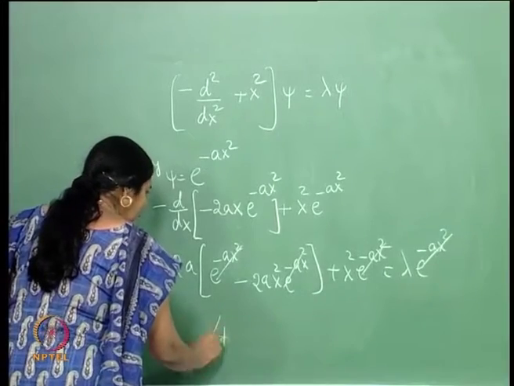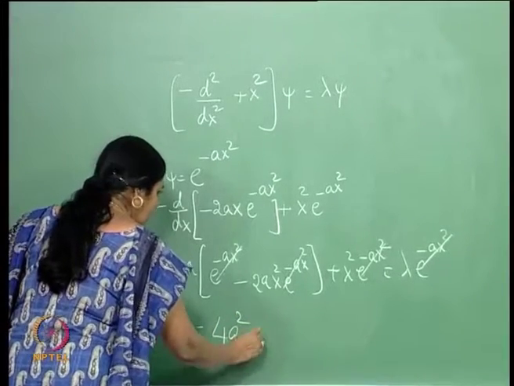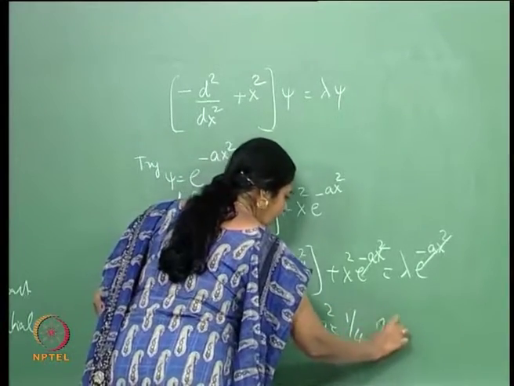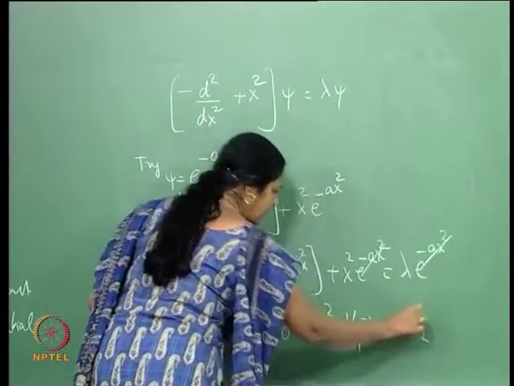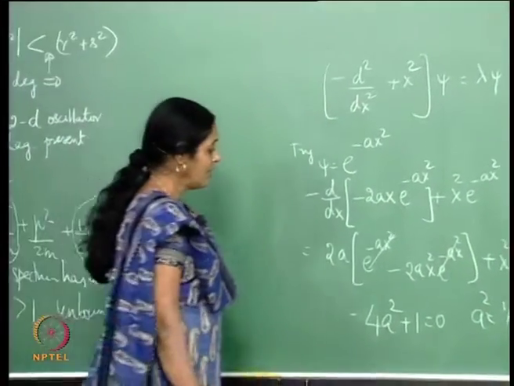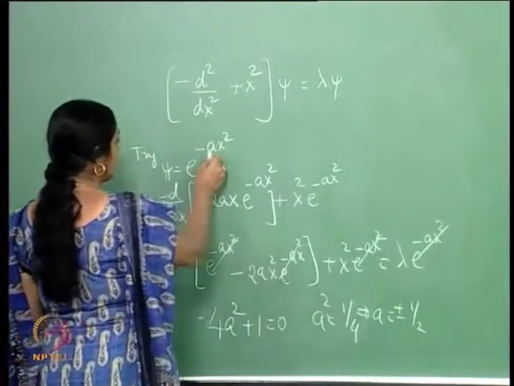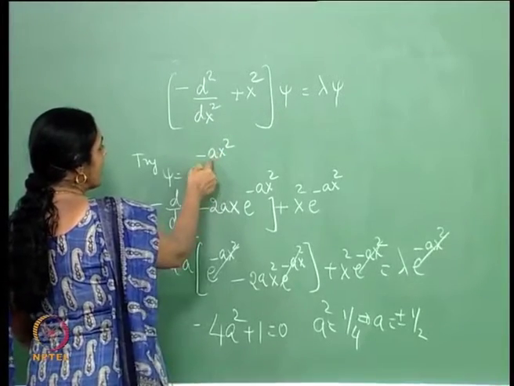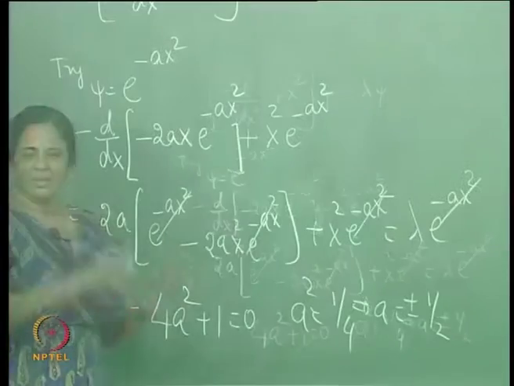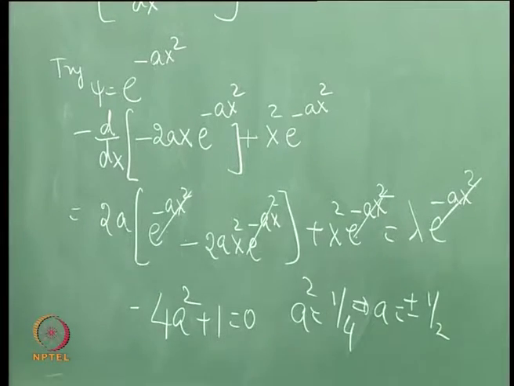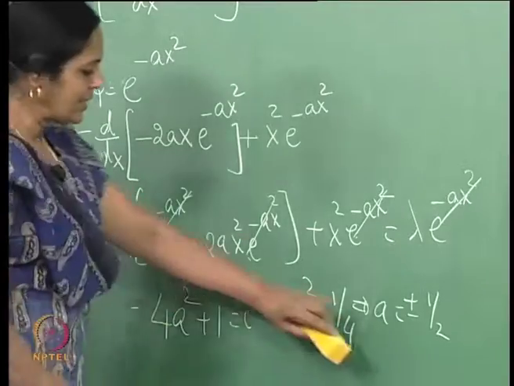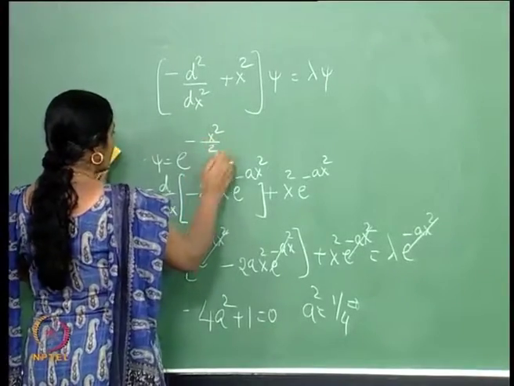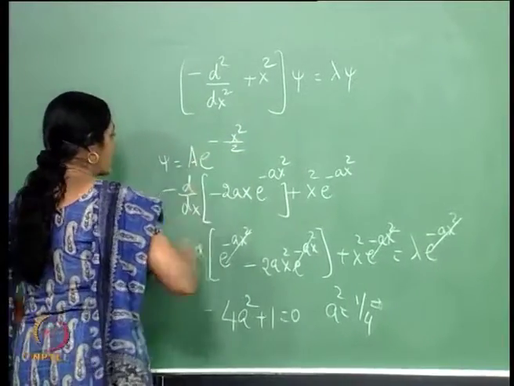So I basically have minus 4a squared plus 1 equals 0, or a squared is a quarter, or a is plus or minus half. If I use a equals plus half, that is okay, because things are all right. When a is minus half, I have an e to the plus x squared that blows up, and no longer am I in a position to normalize it. So therefore I get a is equal to plus half, and my wave function would be e to the minus x squared by 2 apart from a normalization.